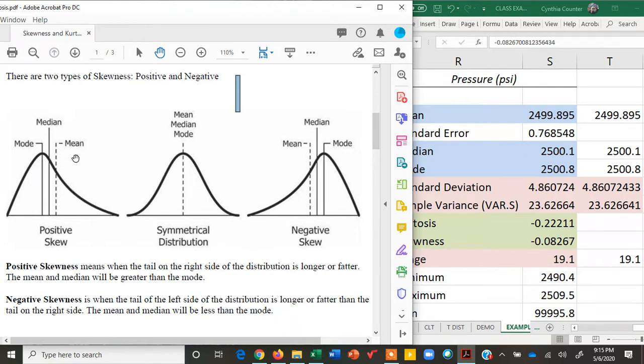So you see that the mean is greater than the mode. Traditionally, it was also assumed that the mean would be greater than the median, and that was the original definition of this positive skew. But with the mathematical definition now, it is not necessarily true that the mean will be greater than the median, but it will always be true that the mean is greater than the mode when you have this right skew, which is also called a positive skew.